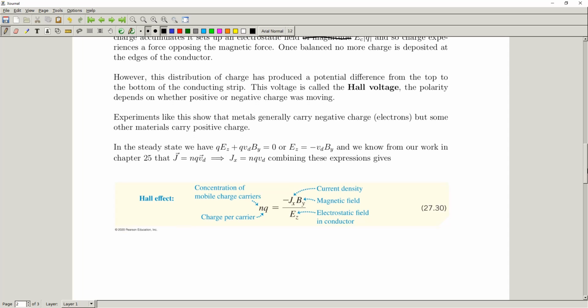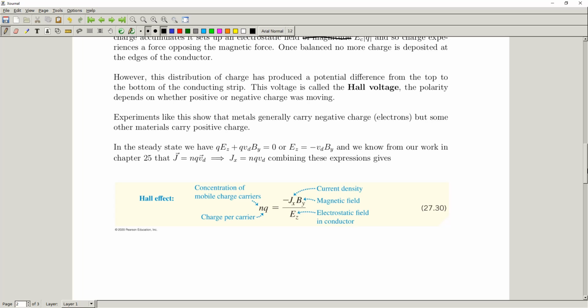And the polarity, or which side is at higher potential versus which side is at lower potential, is completely dependent on what type of charge was moving. Do you have negative charge moving, corresponding to the current running through your conductor, or do you have positive charge moving, right?